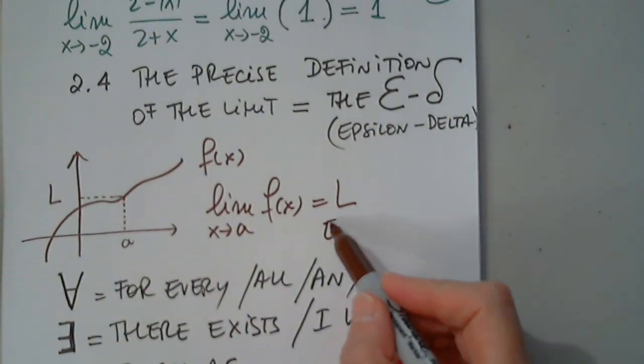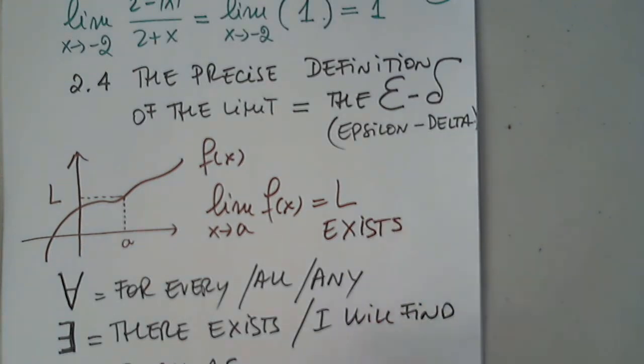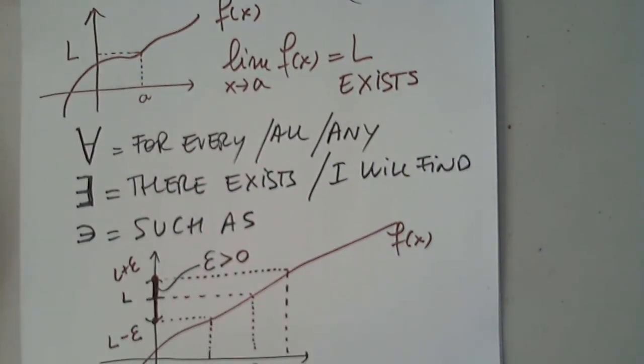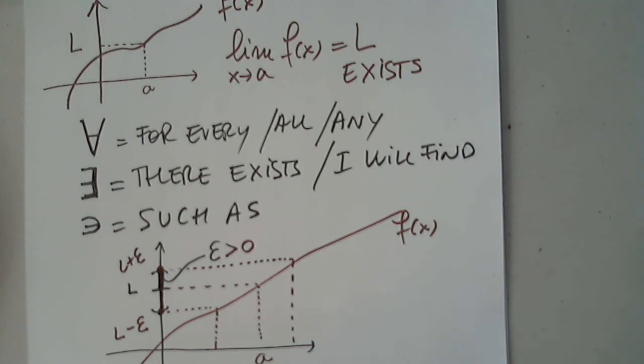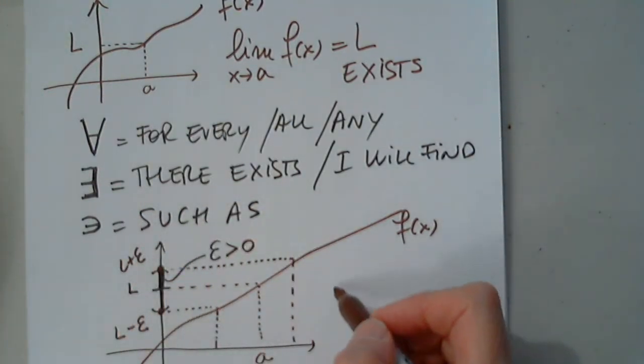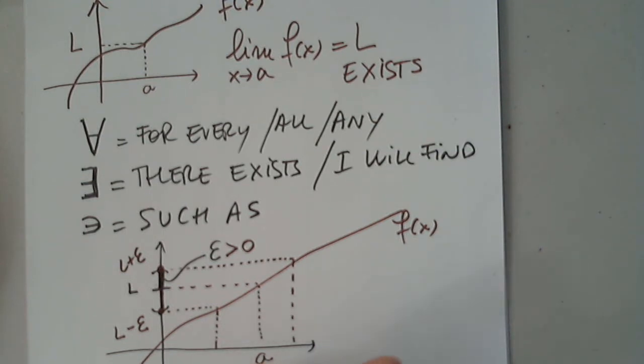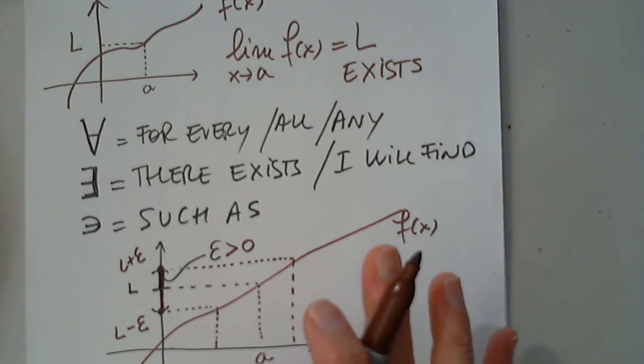Because the limit exists. If the limit doesn't exist, it's a different story. But the limit exists. So if I pick epsilon very tiny, very close, I will still be able to find an interval around A. If I use a bigger epsilon, I will still be able to find an interval around A, no matter what. So again, because the limit exists.